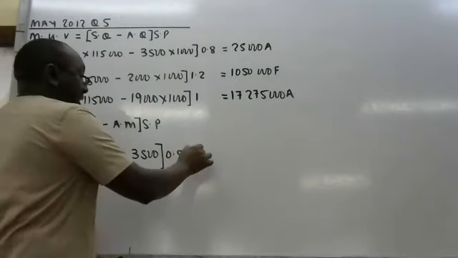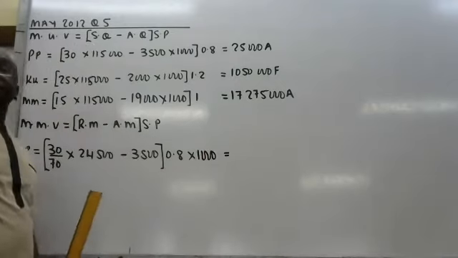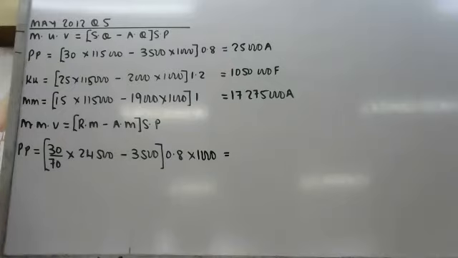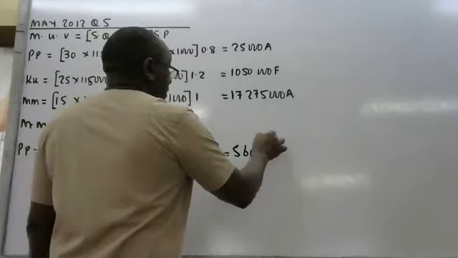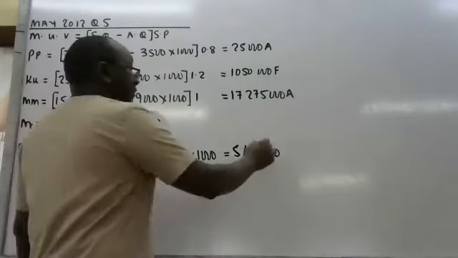The easier way is to multiply here by 1,000. That gives 5.6 million, favorable.